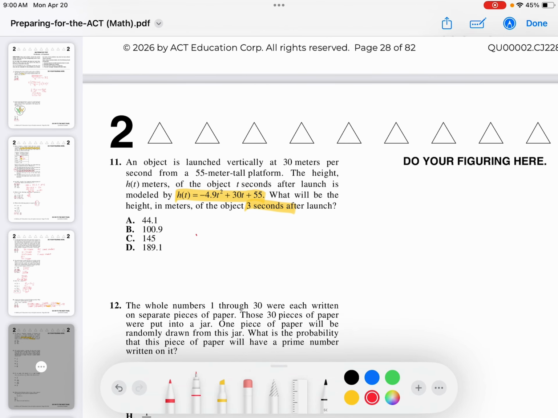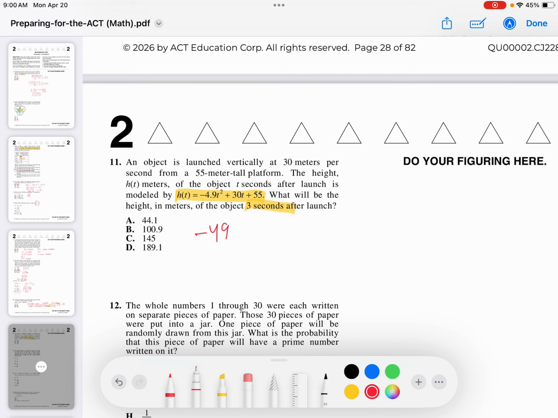So we would say this is negative 4.9 times 3 squared plus 30 times 3 plus 55. I'm just going to put that in my calculator. Negative 4.9, 3 squared plus 30 times 3 plus 55 gave me 100.9. So hopefully that's the right answer there.